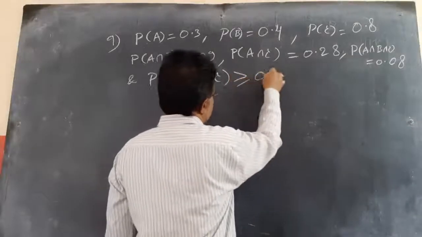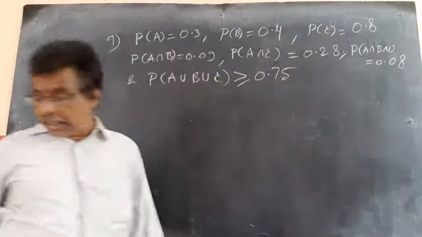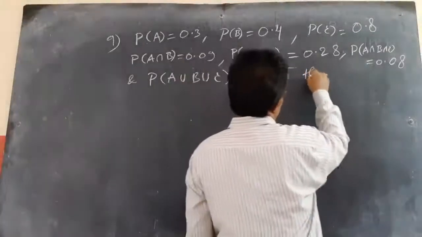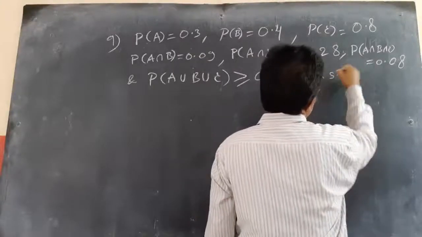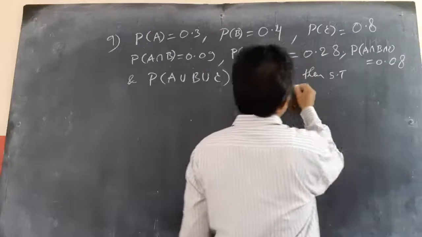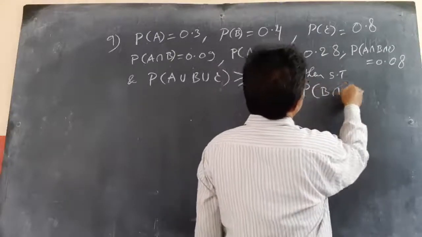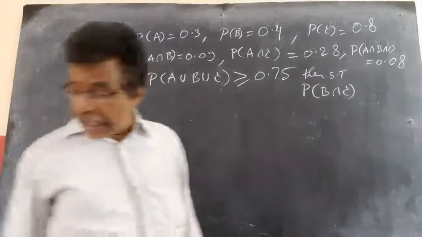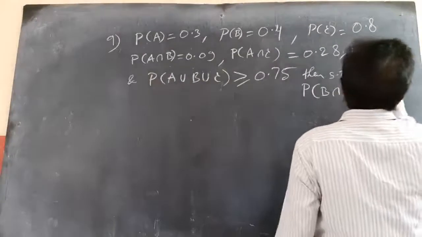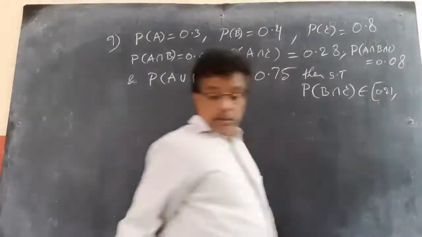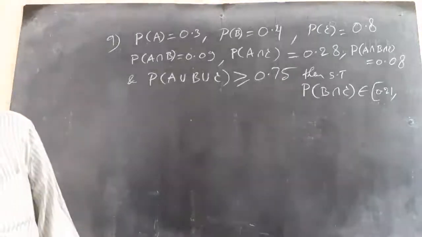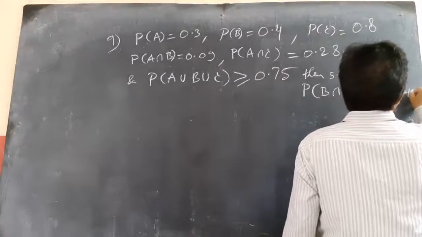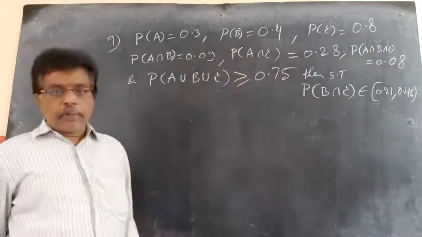Then show that P of B intersection C lies between 0.21 and 0.46.